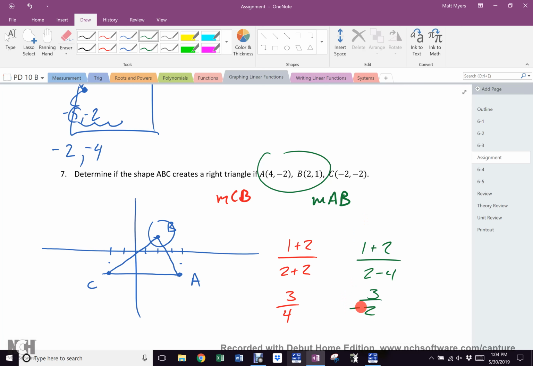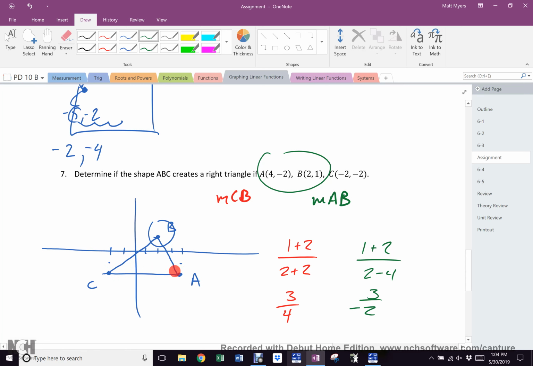No. Now, I noticed a few of you doing this. Because it's a sideways triangle, right? If you're unsure, you could check one of the other 2. Right? Which one of those 2 does it make more sense to check? A or C?